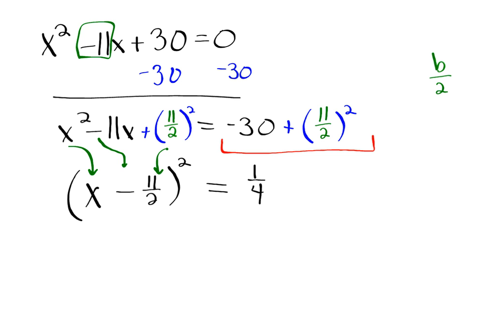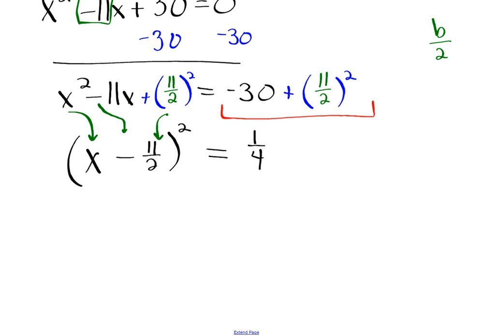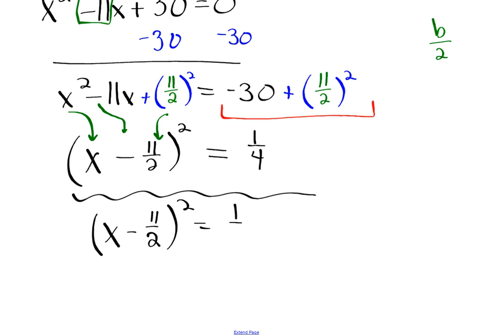Sometimes it'll turn into a whole number, sometimes it won't, but we've got calculators. They do fractions for us. So now what we actually have here is x minus 11 over 2 squared equals 1 over 4.